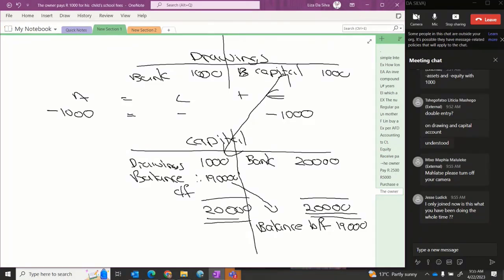yes. Sorry if I take too long for you, but I showed the T accounts, the contra, the double entry, how to put it in the accounting equation, everything in one. And I just made a distinction between what's an asset, what is a liability, what is influencing the equity, and so on.